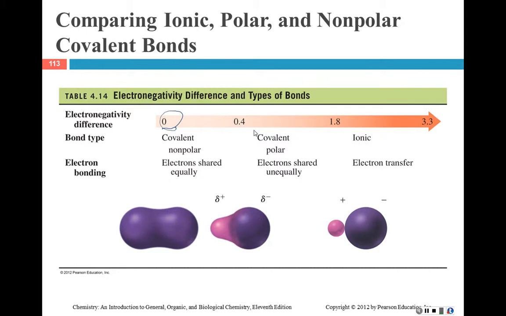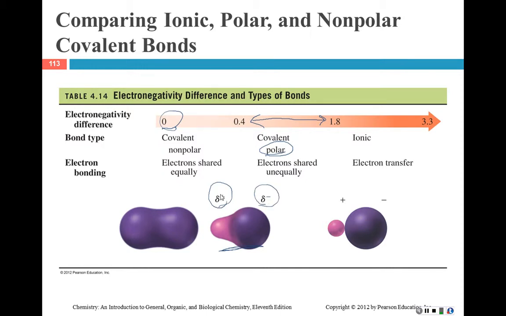Up to 0.4, they can still be shared relatively equally. Between 0.4 and about 1.8, you're going to get a polar covalent bond, and this unequal sharing gives you a positive end and a negative end.